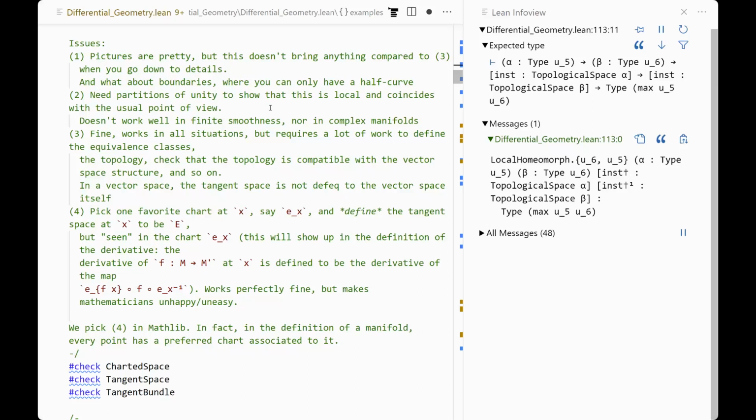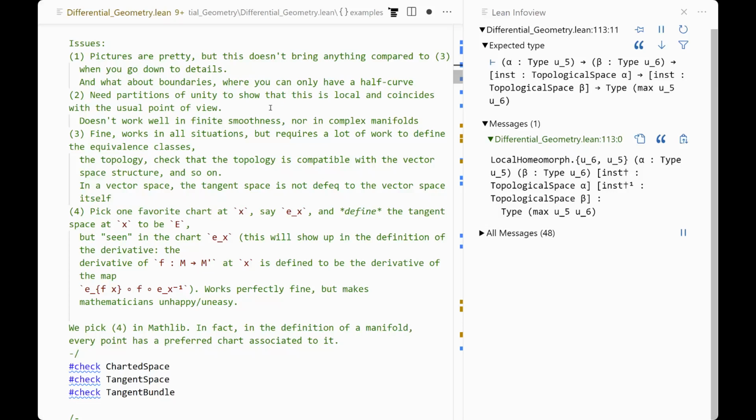So it doesn't actually matter which chart you choose. But this is again another non-canonical choice in the definition of manifold. And so equality of manifolds is not the right thing. You have to just talk about diffeomorphism of manifolds. If you change the point, E is still the same? Yes, E is constant throughout.